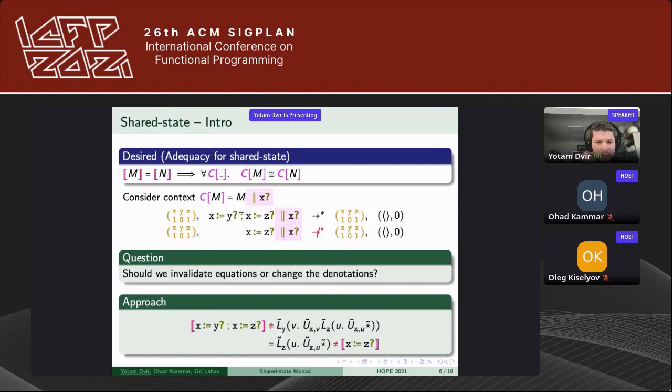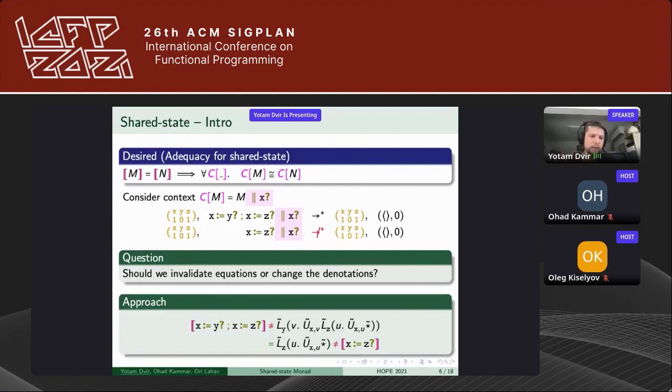So X will be 0 when it's being looked up. And there's no way for X to be 0 when it's being looked up in this program. So there's a context in which they behave differently, and so the denotations can't be equal. Otherwise, we won't have adequacy.